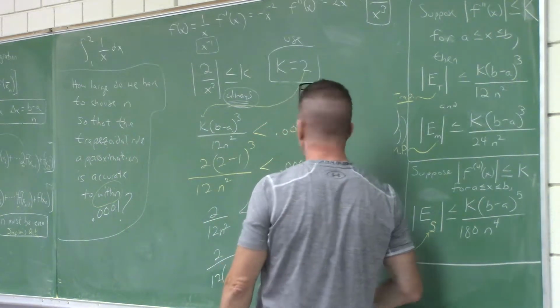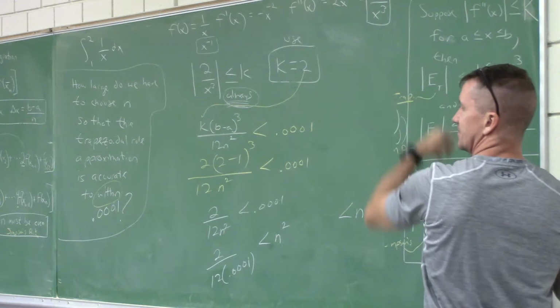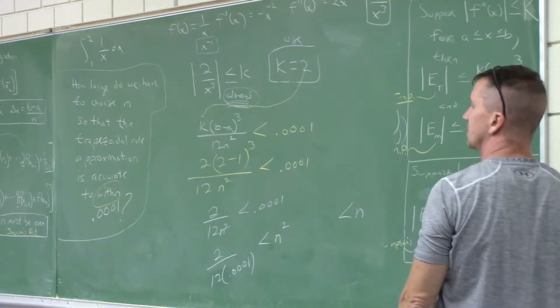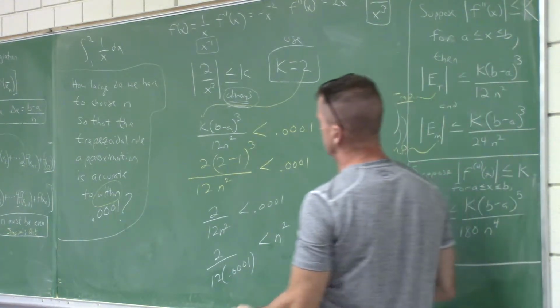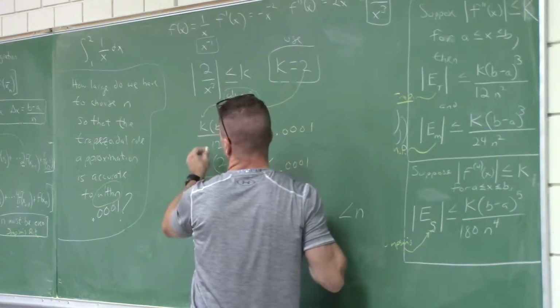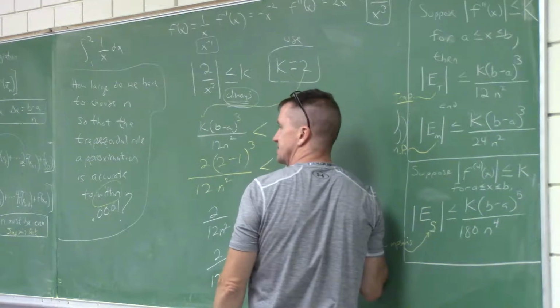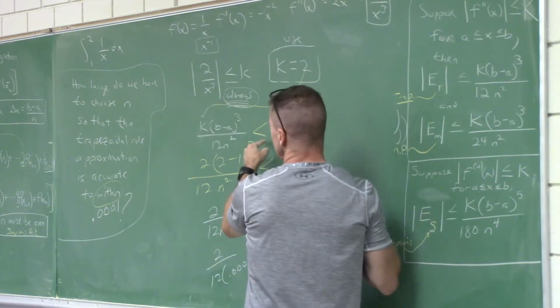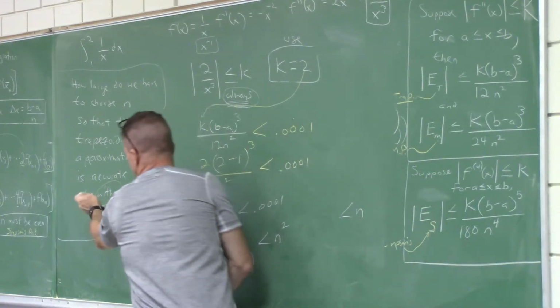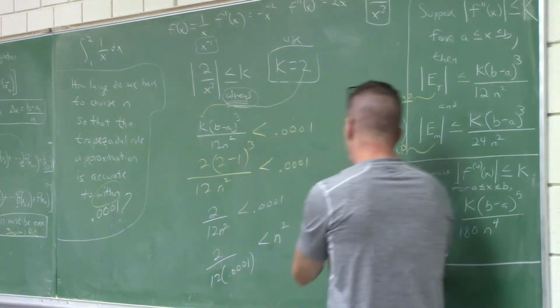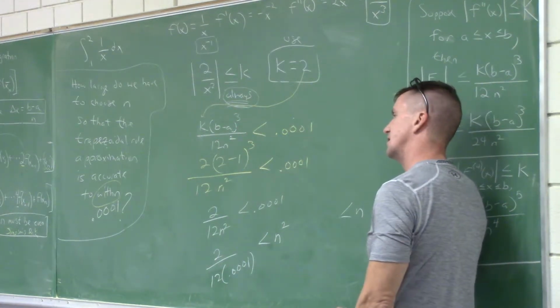You can almost ignore that part. I know it can be a little confusing, but the whole idea is, this is my error bound, and I want to know what n has to be within the error that they state. The only reason I didn't put an equal sign is because they said within. So in the end, I can just say n is greater than some number.